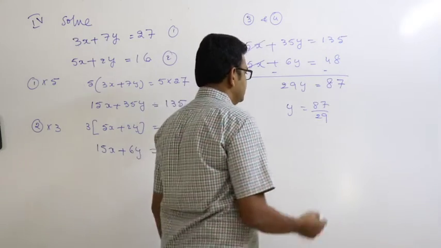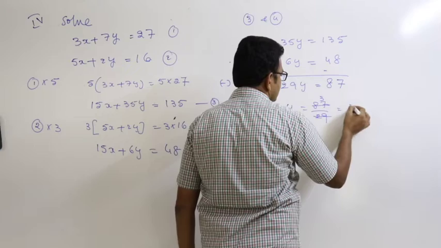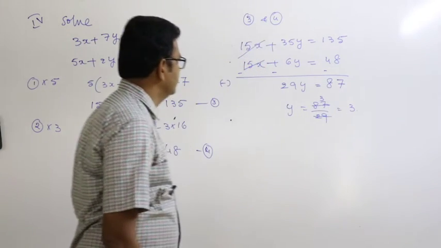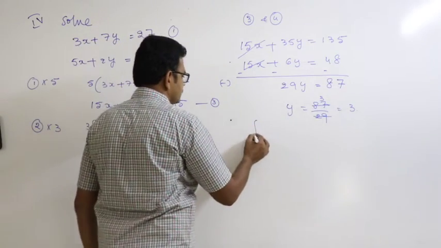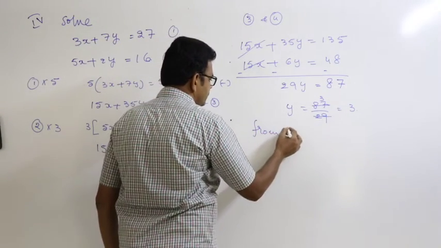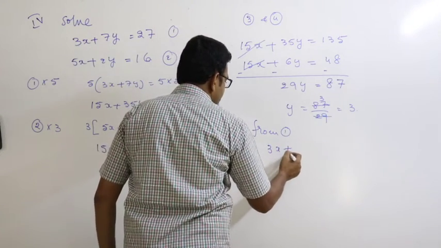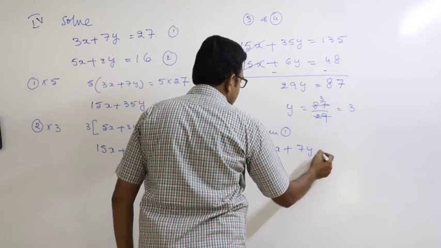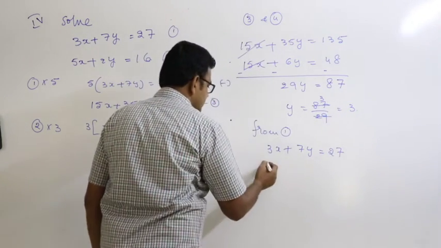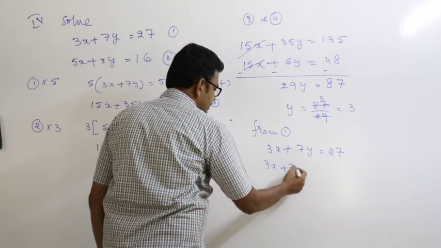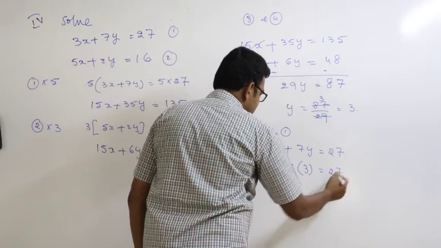87 by 29. 29 threes, that equal to 3. Y value is 3. Now, from 1 or 2, I am taking 3x plus 7y is equal to 27. That is 3x plus 7 into y value 3 is equal to 27.